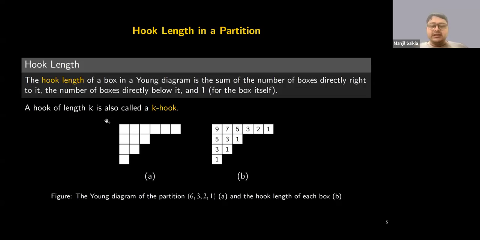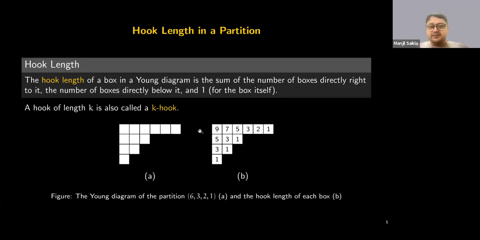Each box in the Young diagram describes what is called the hook number or the hook length. If you pick any box in the Young diagram, then you count the number of boxes to its right and immediately below it, plus 1 for the box itself. So basically, you are looking at a particular box and counting all the boxes in that row to its right and all the boxes in that column below it, and the box itself.